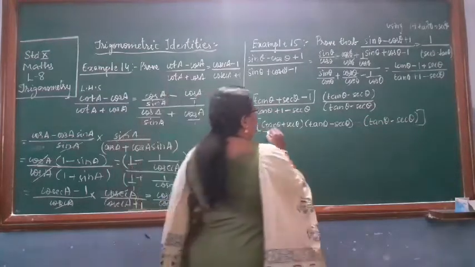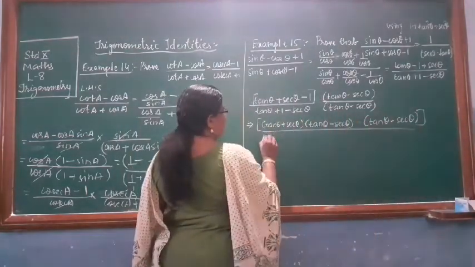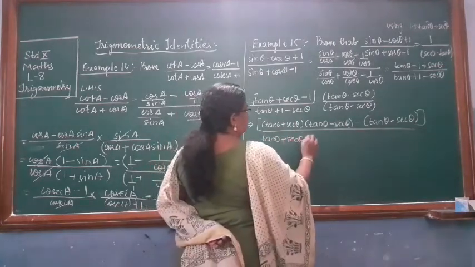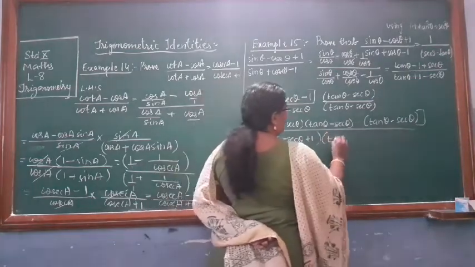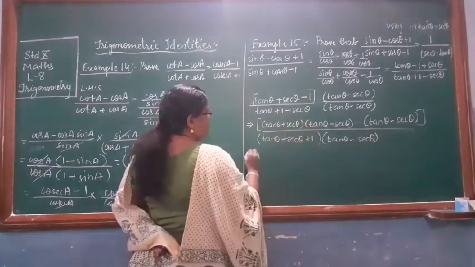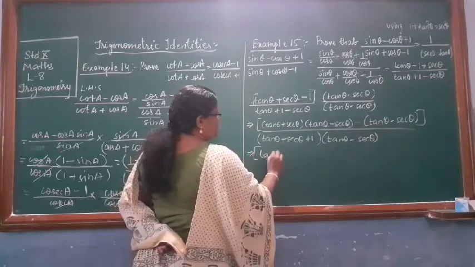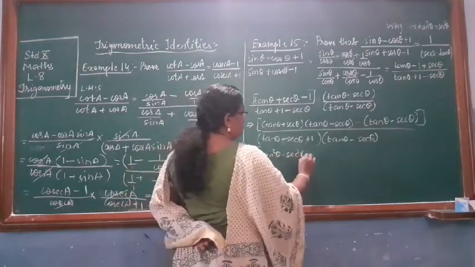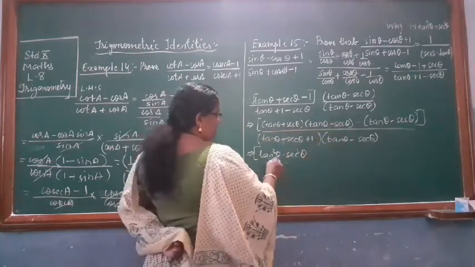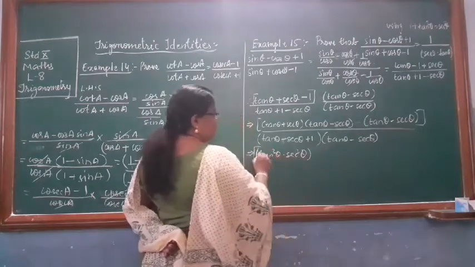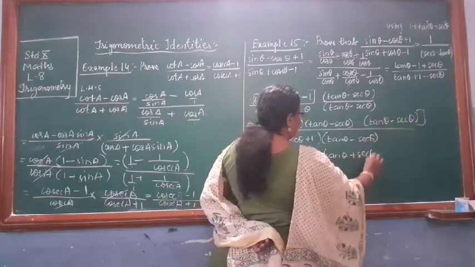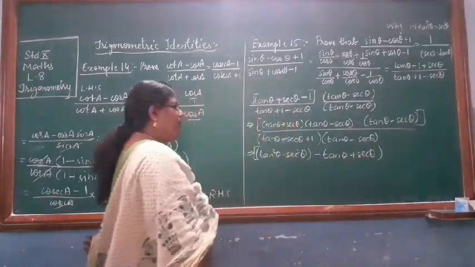The denominator we keep the same, don't change anything here: tan theta minus sec theta plus 1 into tan theta minus sec theta. This becomes tan square theta minus sec square theta, because we have the a plus b into a minus b form. So I have tan square theta minus sec square theta, minus tan theta plus sec theta. Yes or no?